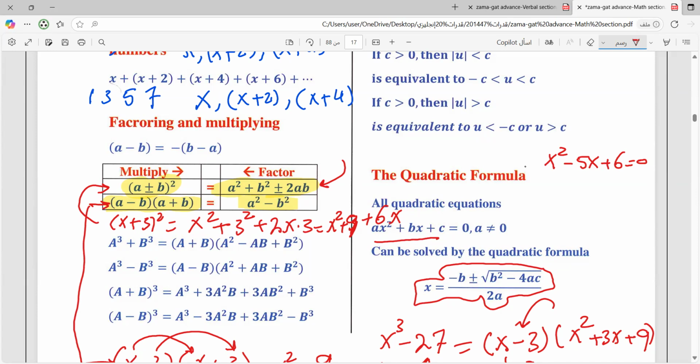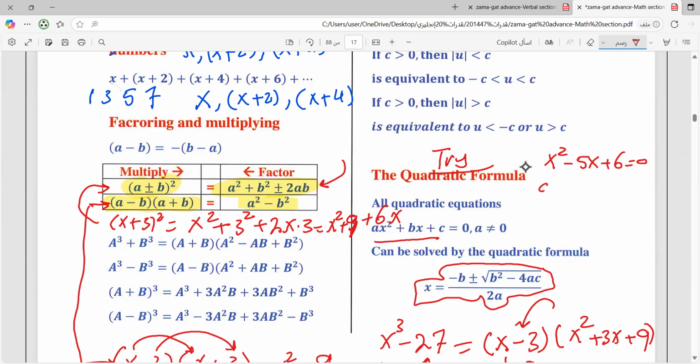In GAT, what will I do? You only try. It's very easy. No need to solve it like in school. If you solve it like school, it will be difficult for you and take a long time. So no need to find the solution. You only substitute for x, then you get 0. If you want to use the quadratic formula, that is very nice also, but maybe you take a long time.